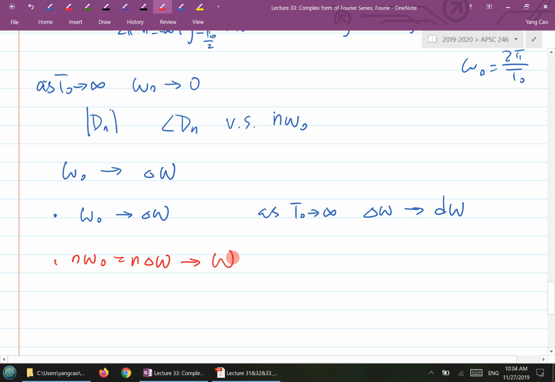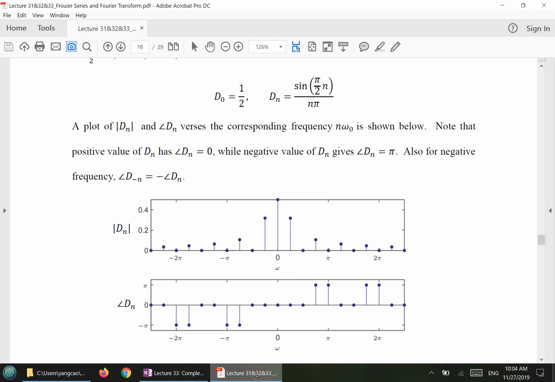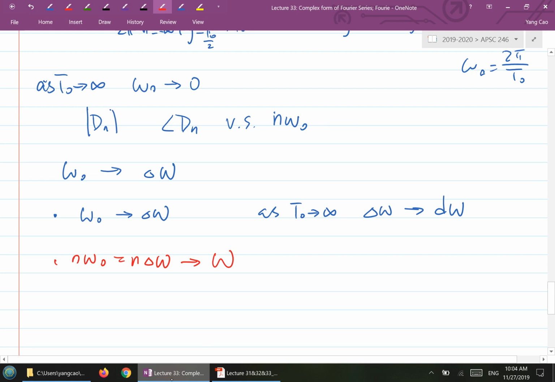So when you have, let's say, 3 times delta omega, for example, over here, 1 times delta omega, this is omega. So n times delta omega is always the frequency value at the location n.